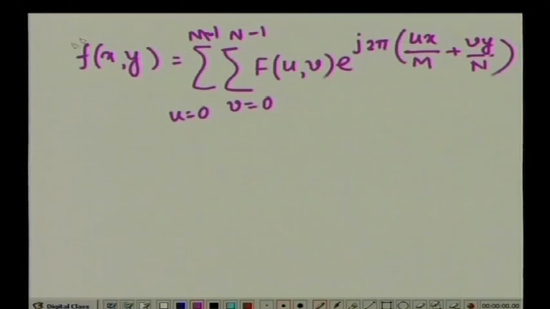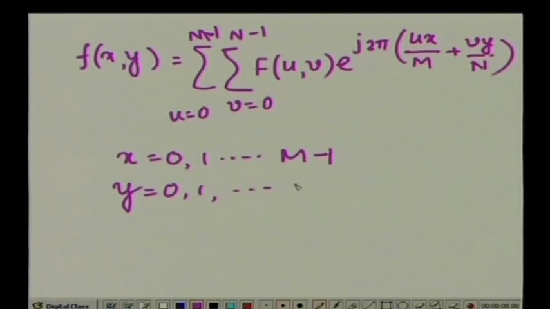And obviously, this will give you back the digital image f(x,y), the discrete image, where x will now vary from 0 to capital M minus 1 and y will now vary from 0 to capital N minus 1. So, we have formulated these equations in a general case where the discrete image is represented by a two-dimensional array of size capital M by capital N.